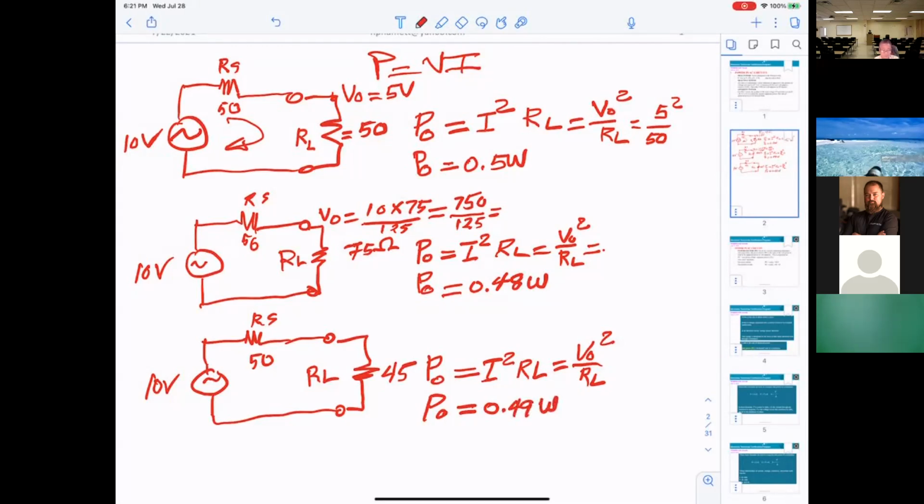Right, sir. Okay, now for the three circuits, which one will get the maximum power? This is the one. The first one.